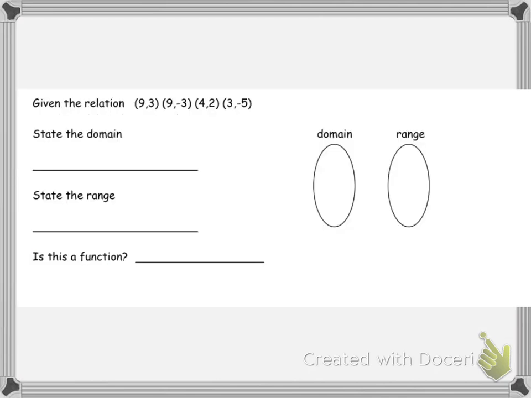Our next example is also a list of ordered pairs, or a set of ordered pairs. See if you can state the domain and the range. Remember to list the elements from smallest to largest and enclose using braces. Hopefully you were successful and have sets that look like this.